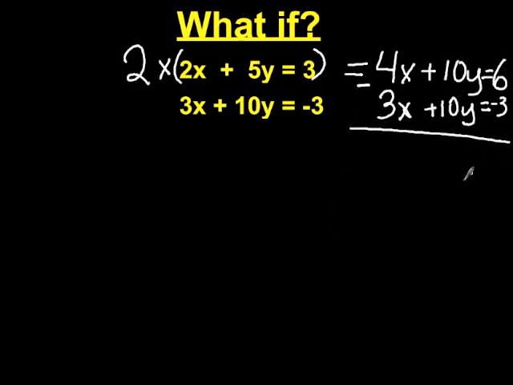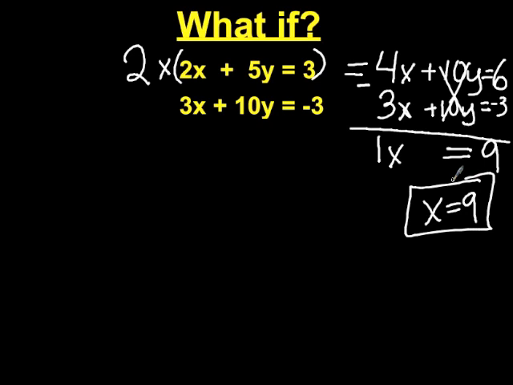So we can subtract these two now. 4x minus 3x is 1x. 10y minus 10y will cancel out. Equals 6 minus negative 3, subtracting a negative, so we can keep, change, change. 6 minus negative 3, or 6 plus 3, would be 9. So we know x equals 9.